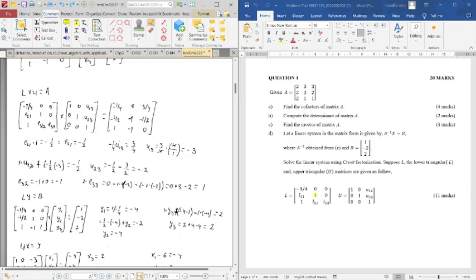For U23, you can see it's in the second row, and the corresponding element in the matrix is negative 1 over 2. To find negative 1 over 2, we multiply this row to this column.